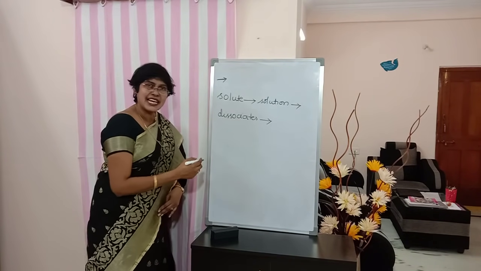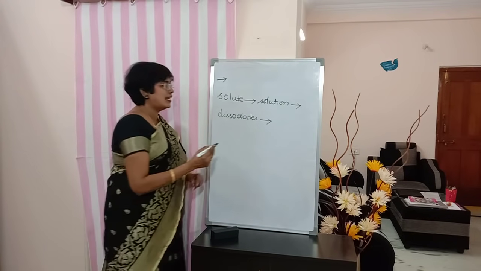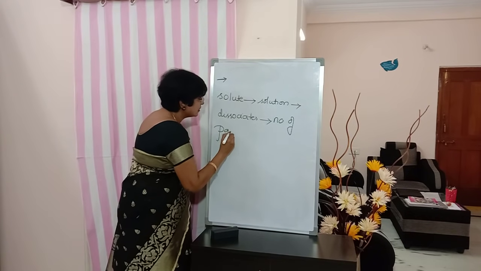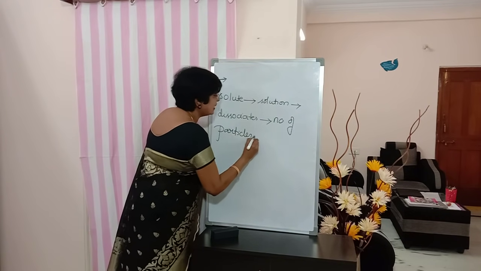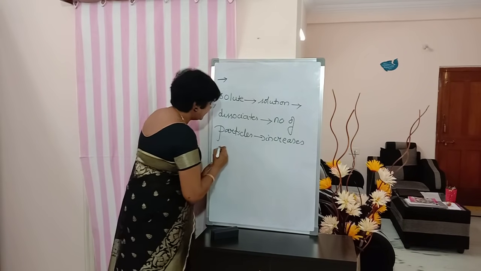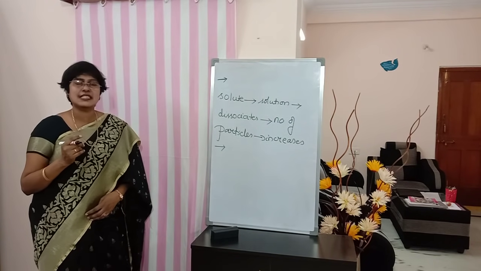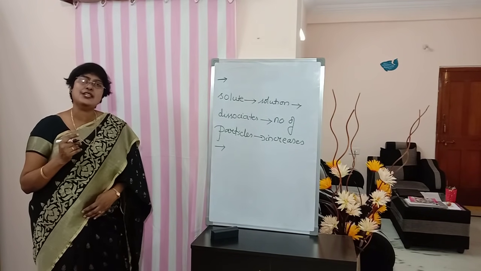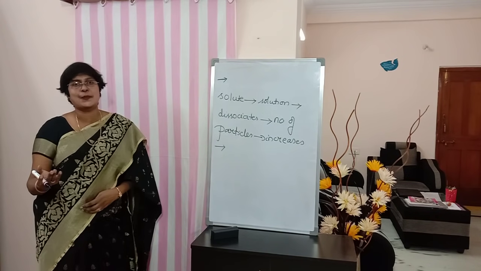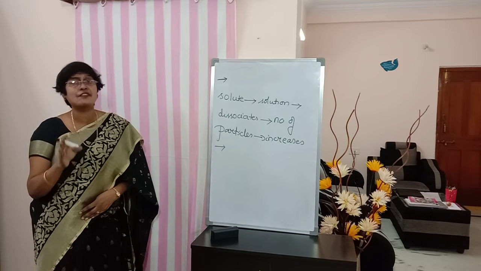Okay, so we will write here, if a solute in a solution dissociates, number of particles increases. So what happens to the value of colligative property? Number of particles increases, colligative property value increases. Why? Colligative property depends on number of particles.